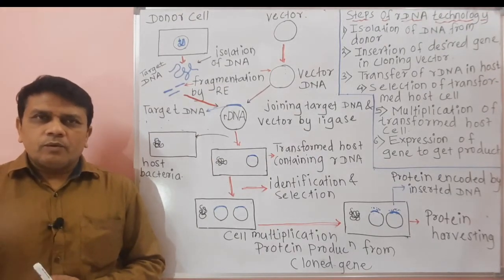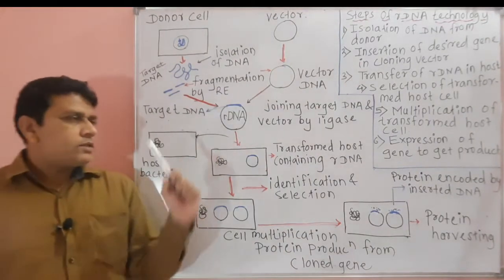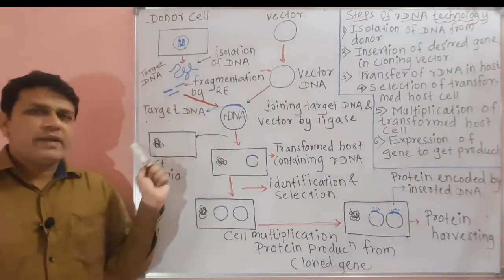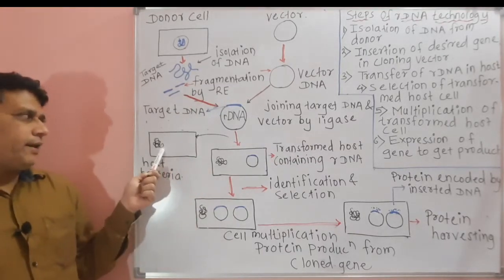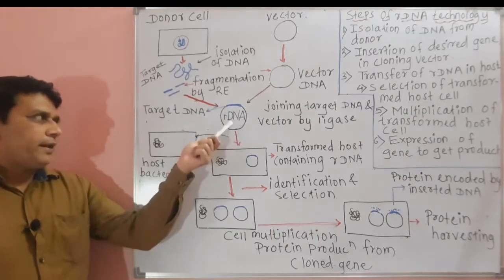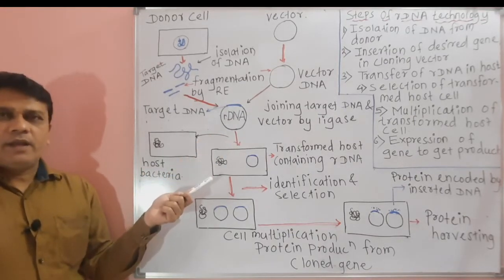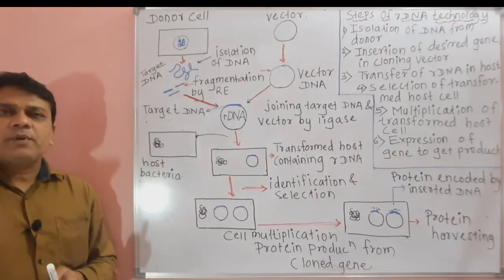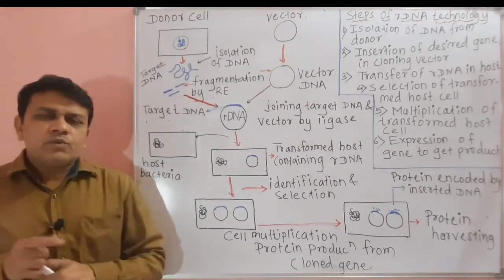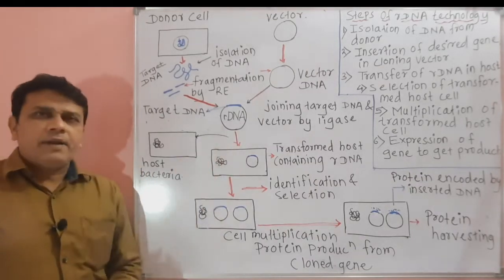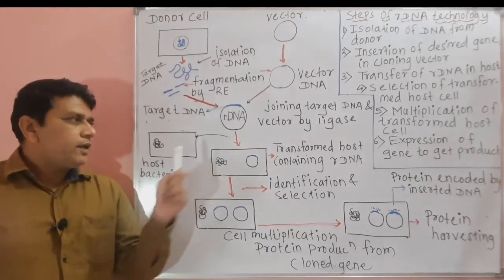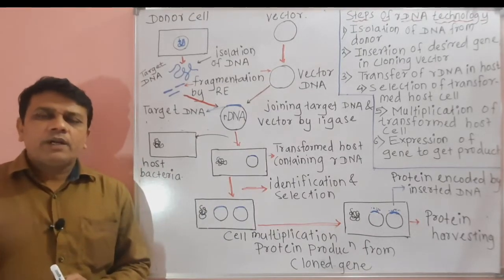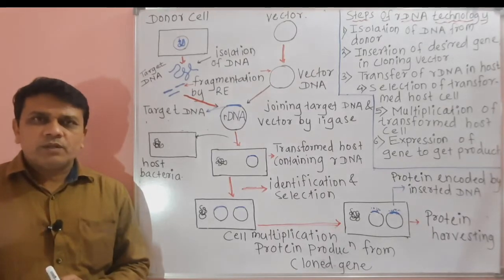To introduce this recombinant DNA into a suitable host, here we can see a host bacterium, and in this host bacterium the recombinant DNA or chimeric DNA is introduced with the help of calcium ions. So such recombinant DNA is inserted in a suitable host, but sometimes different techniques can be used.